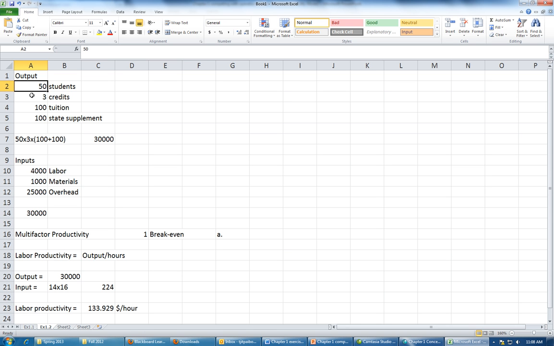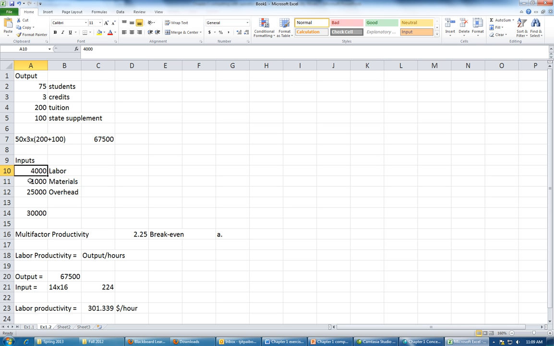In this exercise 1.2, the class size now changes to 75, tuition now changes to $200. So the output will increase to $65,700.